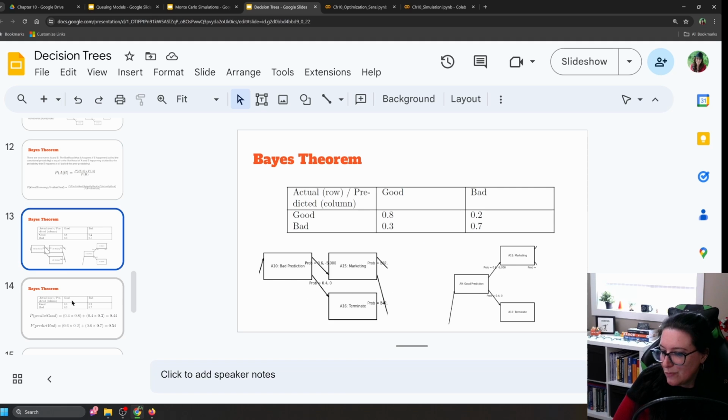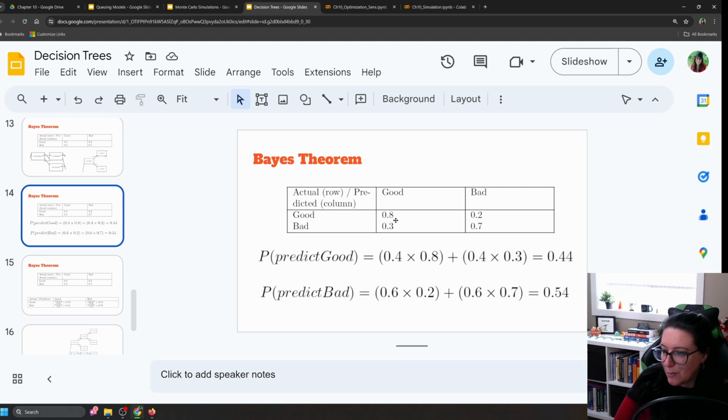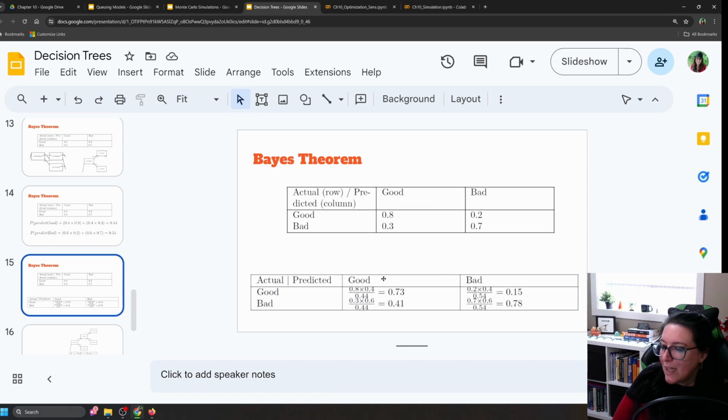And this top part here is the probability they predict good when it's actually good. That's this 80% times the probability that it actually is good, our 40%. So we get 73% for a good economy given they predict good.